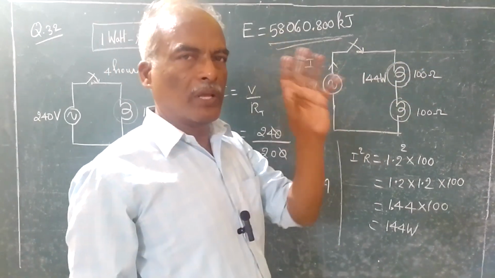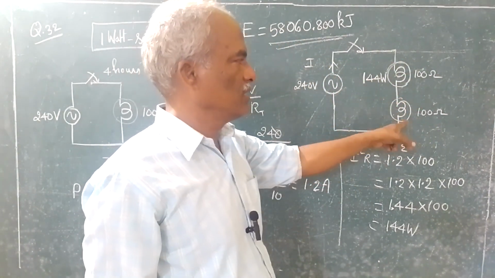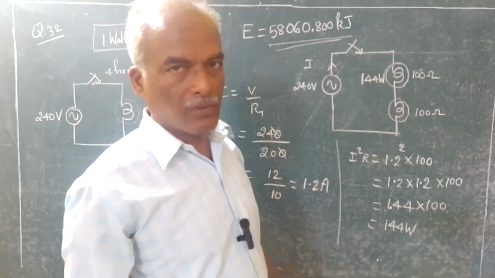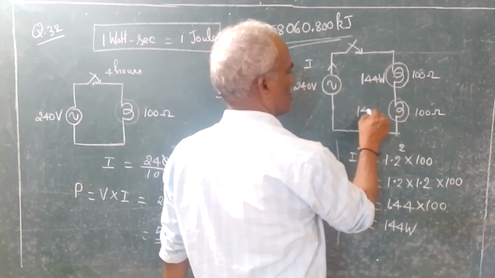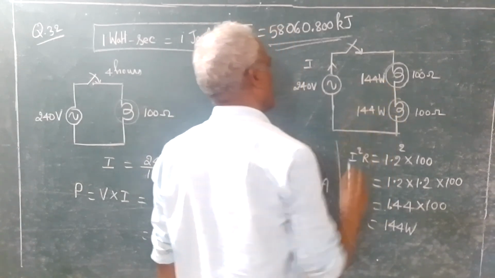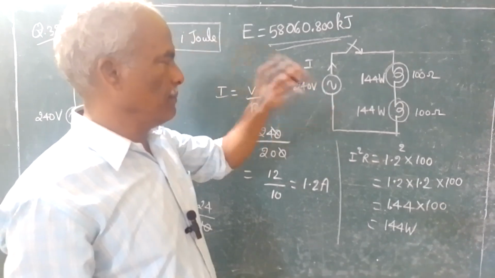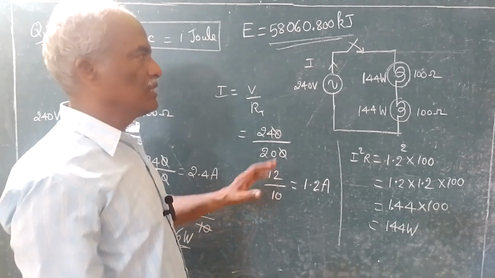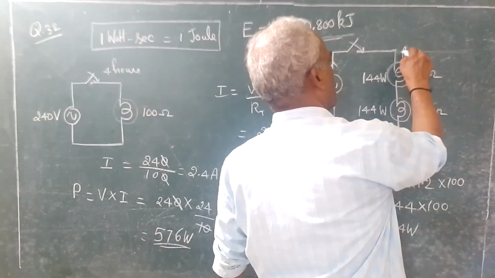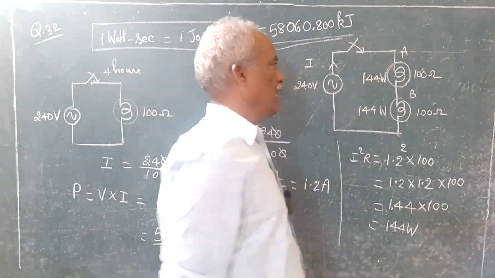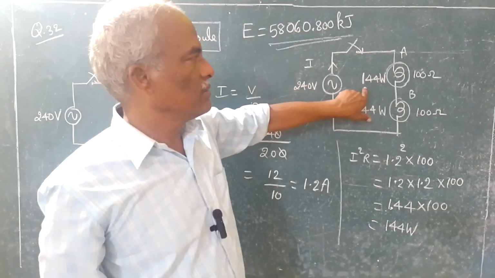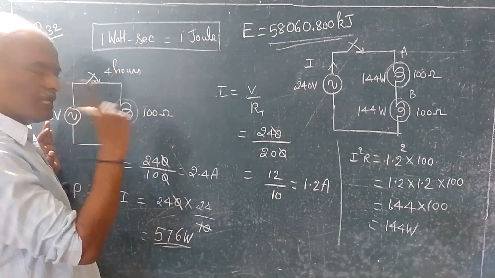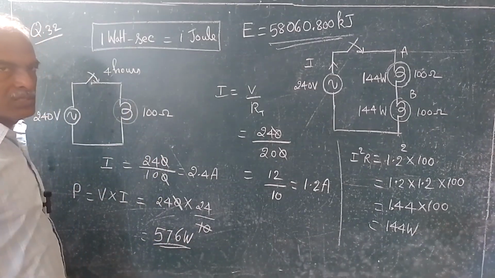Now this bulb is glowing with a power rating of 144 watt. This also, the same current will flow in the series circuit. So the power will be the same because the resistance is also the same. So this will also give you 144 watt. So total power, if you want to see, you add both these things, it will be 288 watt total power. Now you just compare, assume this is bulb A and this is bulb B. In the second case, the power is 144 watt only, whereas in the first case, with only a single bulb, you are getting 576 watt.